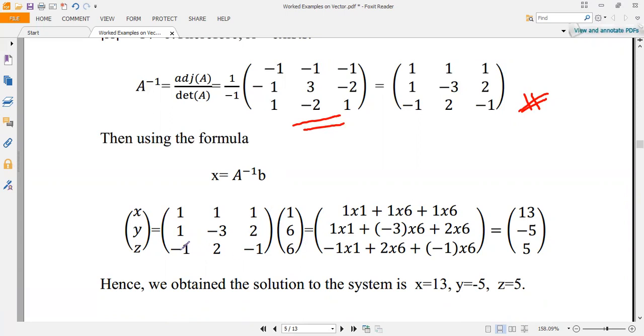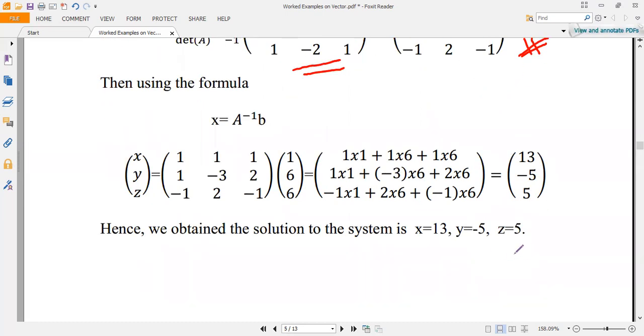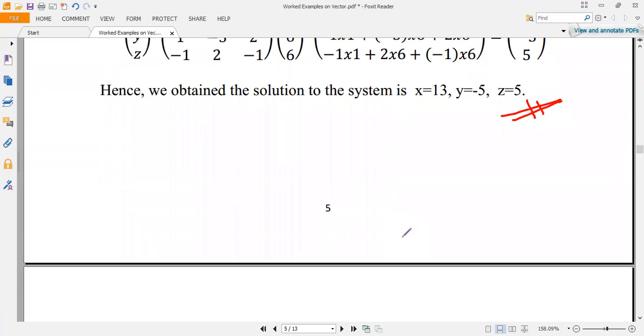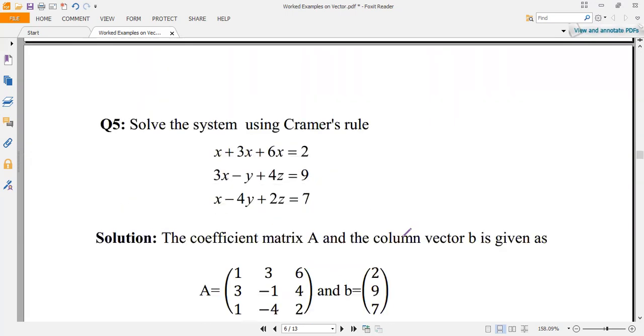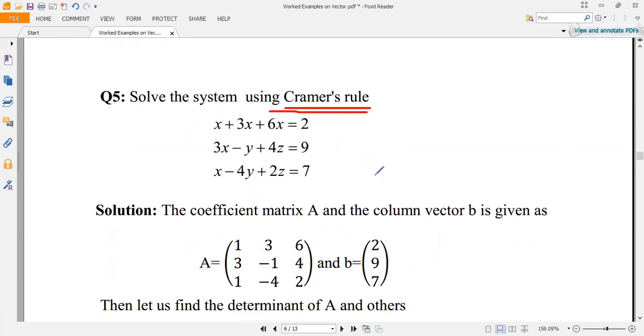And the last row is minus 1 times 1 plus 2 times 6 plus minus 1 times 6. So we get 13, minus 5, and 5 as the solution to the system of linear equations. So this is how to use the inverse matrix method to find the solution to the system of linear equations.